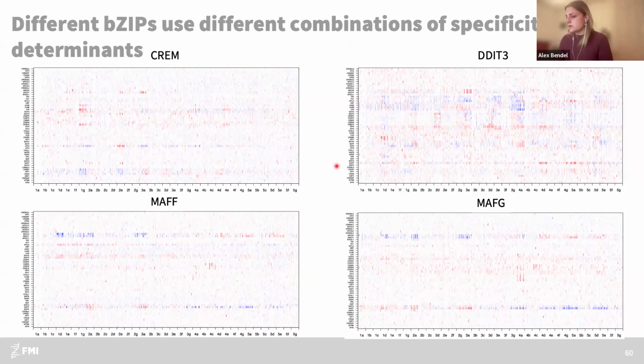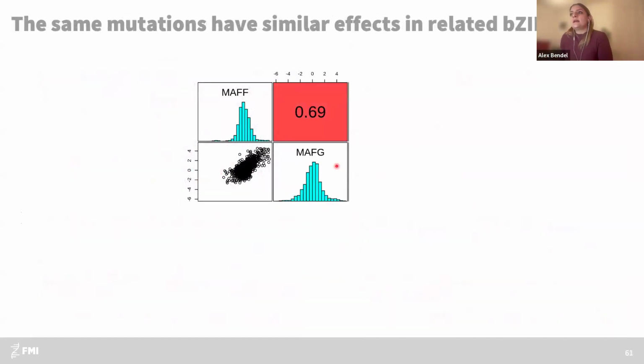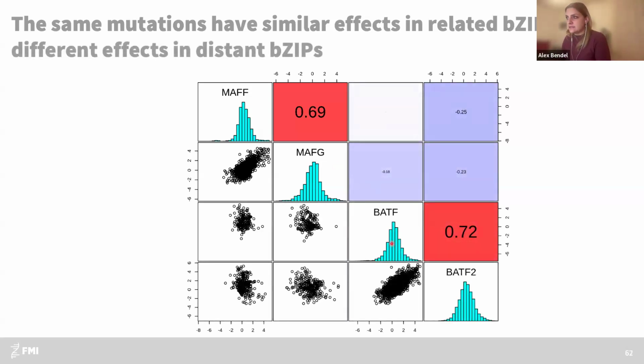When we then look at the total delta G, so the total mutation effect of all the mutations, and plot their correlations, we see that they are very similar in related bZIPs that come from the same subfamily, as these two from the MAF subfamily. But if they're more distant, like for example between the MAF and BATF subfamilies, the correlation is extremely poor.